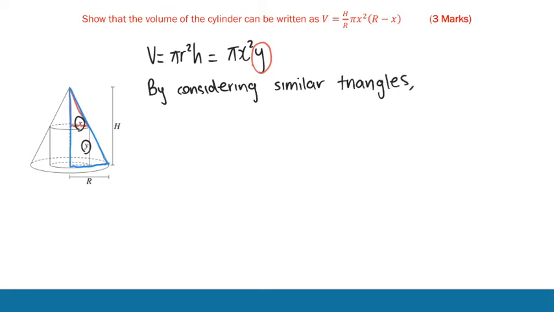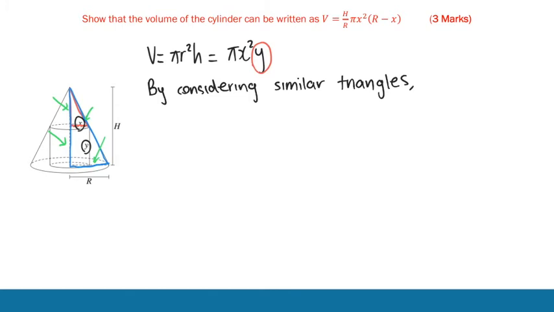And we're going to be using similar triangles. What we're going to say is that the sides of similar triangles are in proportion to each other. So in other words, the ratio of the short side to the short side is equal to the ratio of the long side to the long side in the two triangles. This is just one way to do it. There are slightly different ways you can use the same idea.